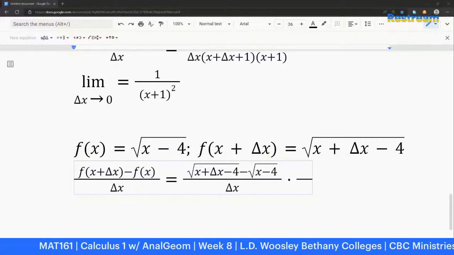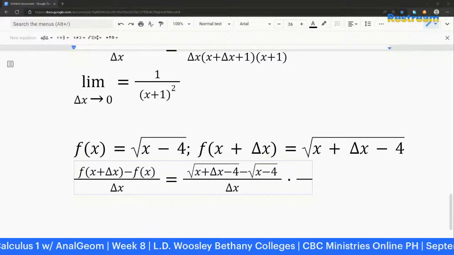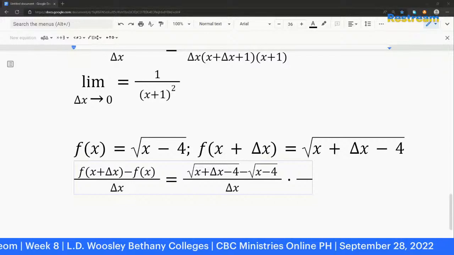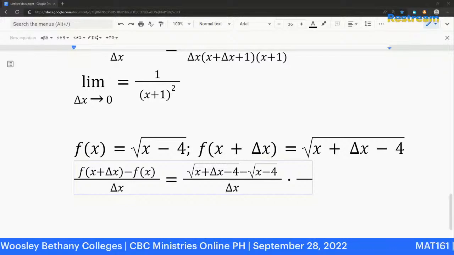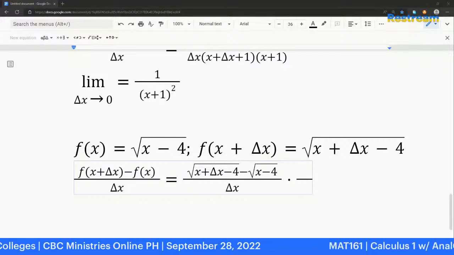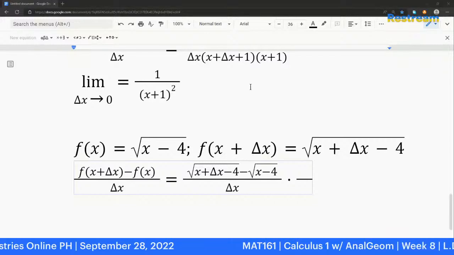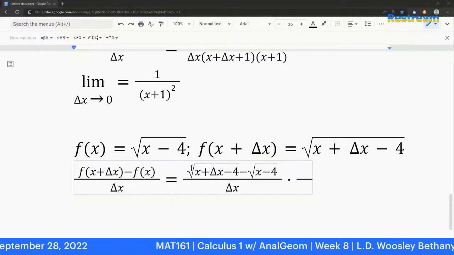What's your conjugate? You just change the sign. A minus B yung given, no? Gawin yung times A plus B.